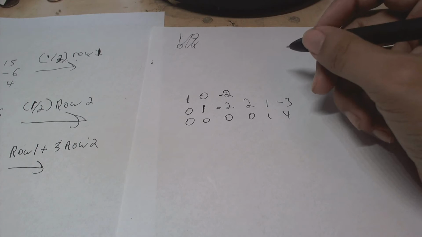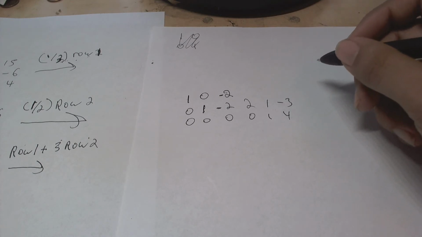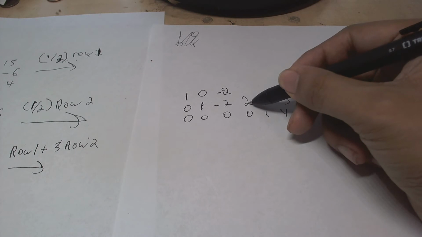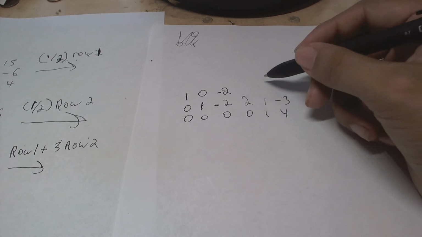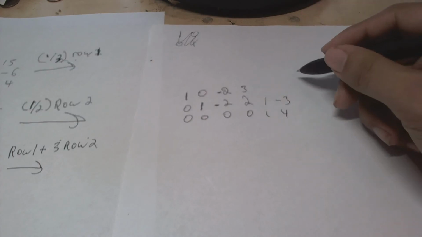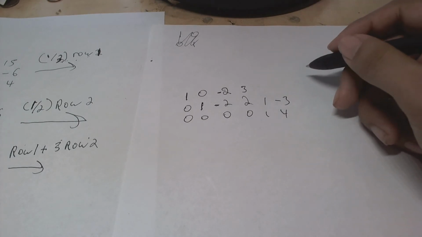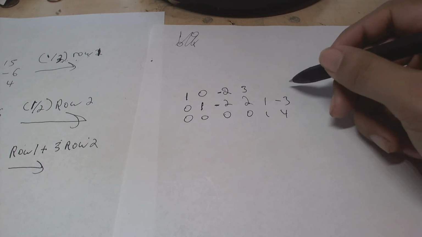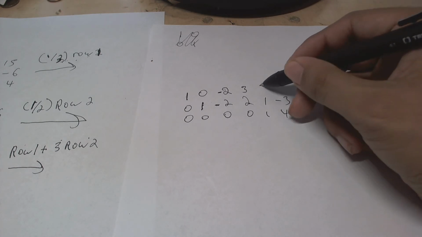Negative 6 plus 4, that is negative 2. Then 3 times 2, that is 6 again. 6 minus 3, that is 3. Then 1 times 3, that is 3 again. 3 plus 2 equals 5.